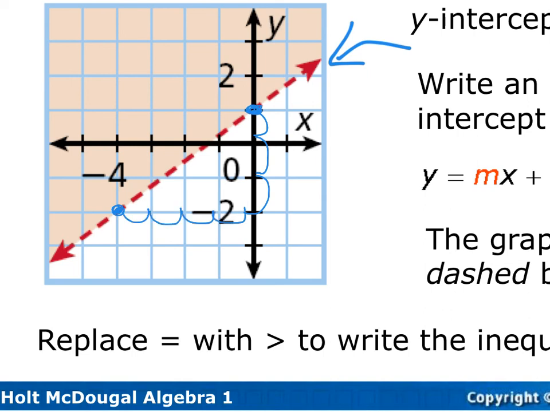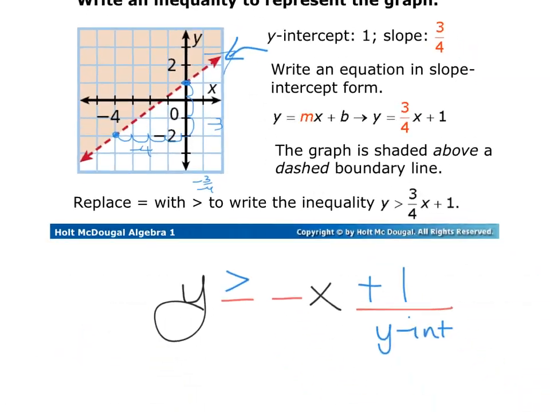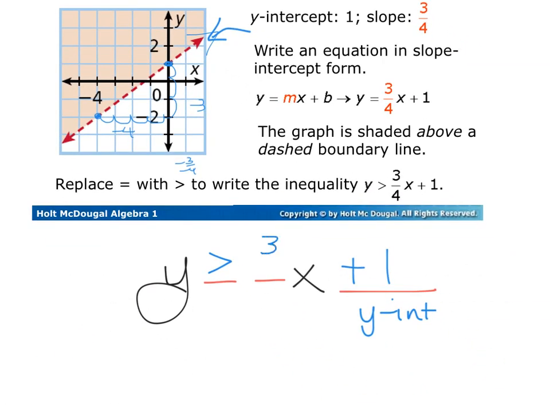Now, notice if I'm going to go down 3 and to the left, a negative and a negative movement makes it positive. Or one other thing is just look at the direction of the line. See how it's going up? So I know I need a positive slope here. So the number I fill in here for the slope is 3/4.